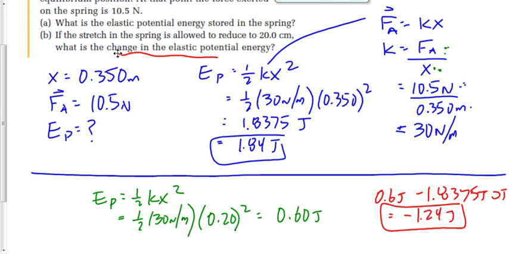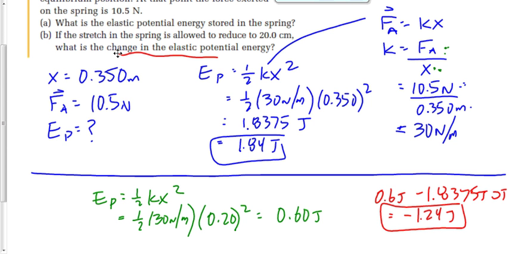Not 1.84, no. When it passes through its equilibrium, not stretched at all, all of its potential would be converted to kinetic, and its kinetic energy would be 1.84. So its max potential is when it's fully stretched. Its max kinetic is when it's going through the equilibrium. But when it's still 20 centimeters extended, its kinetic energy would be 1.24.